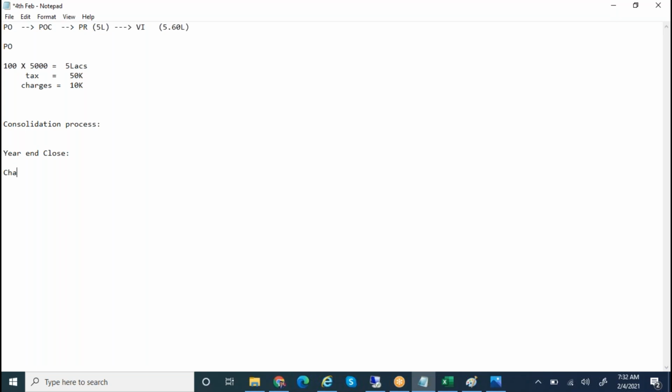See, the chart of accounts is classified into assets, liabilities, equities, sales revenue, cost of goods, expenses, income, other incomes, and then appropriation.